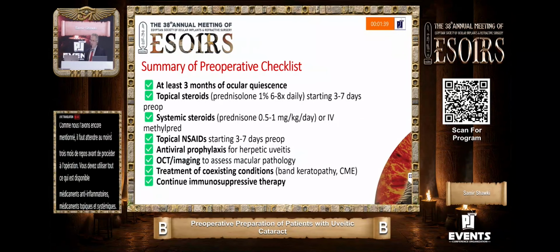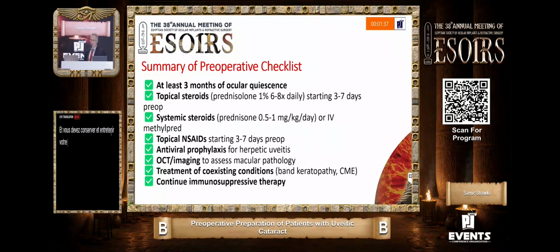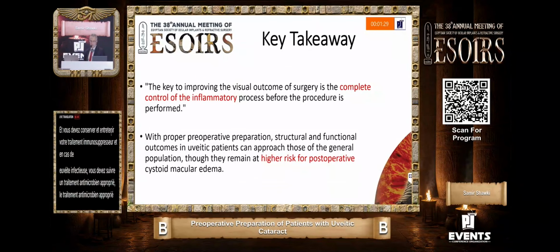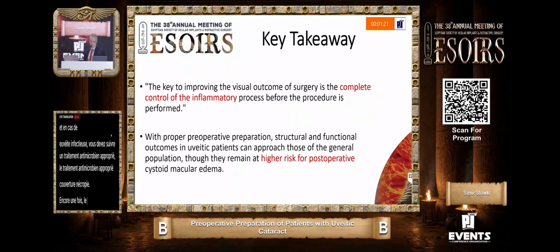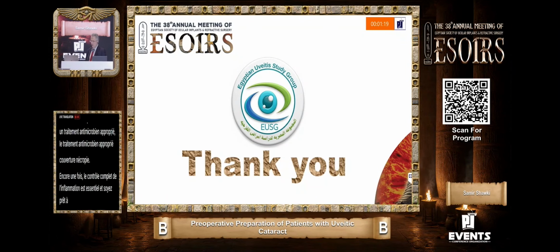And in cases of infectious uveitis, you have to take the proper antimicrobial therapy and the proper antimicrobial cover. So again, complete control of inflammation is key, and be prepared for complications after cataract surgery. And finally, thank you very much.